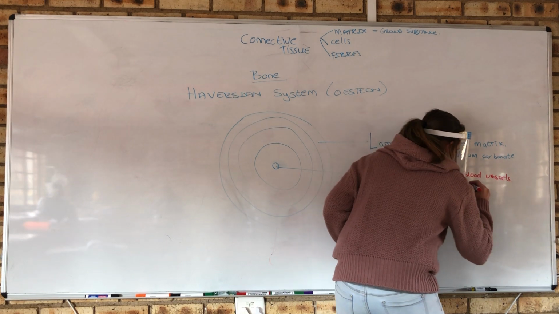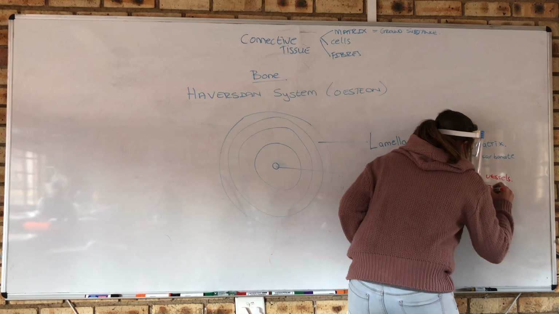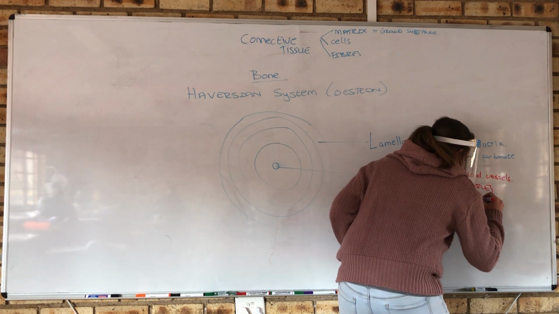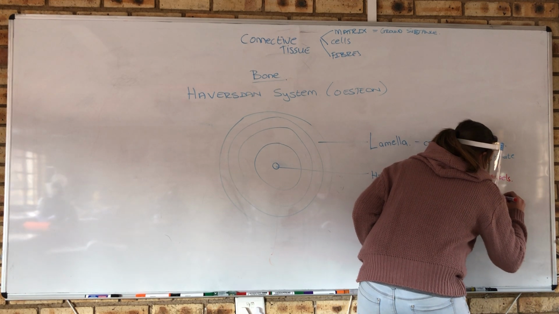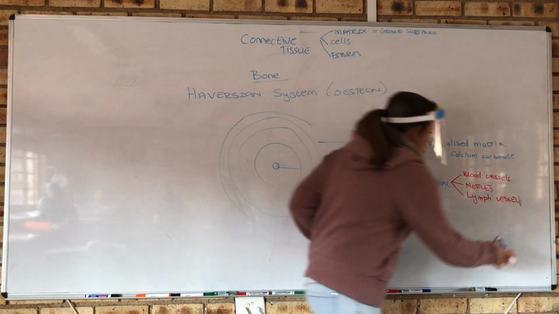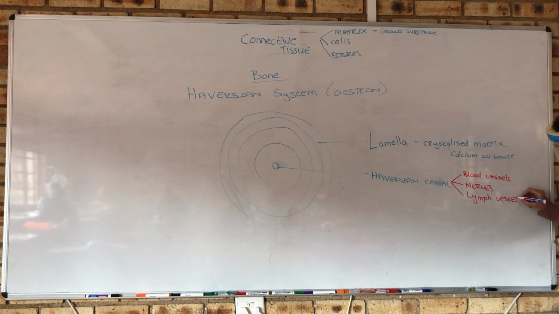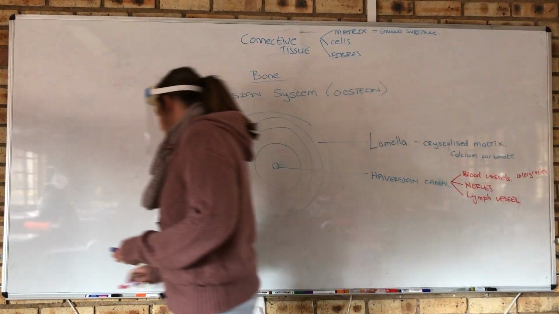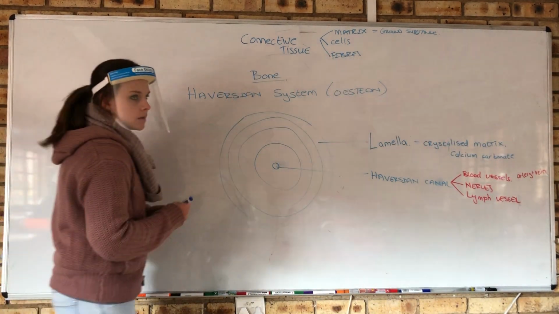It'll have nerves. And it'll have a lymph vessel. So it has two blood vessels, or capillary network. So this is going to be an artery and a vein. So we have an artery and a vein, we've got some nerves, and we've got a lymph vessel. Are we all happy with that? Yes? Okay.